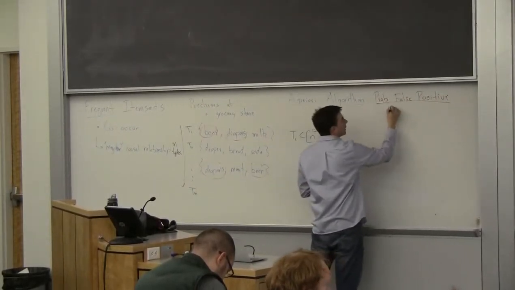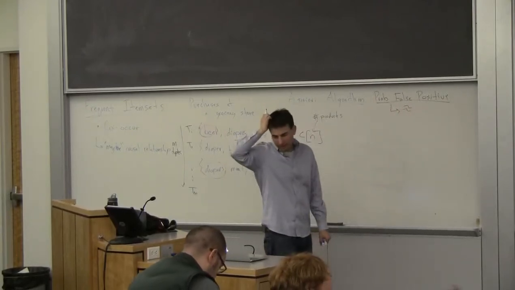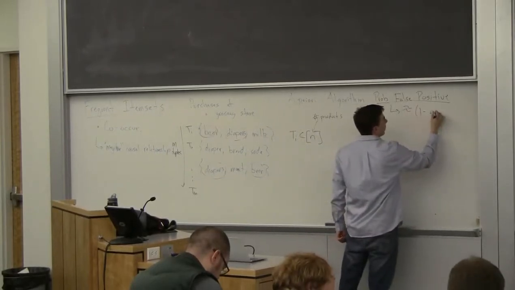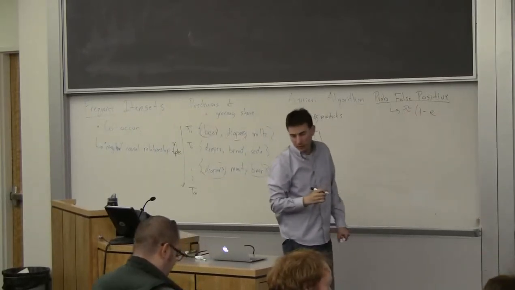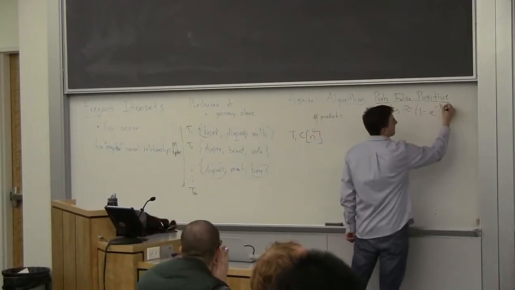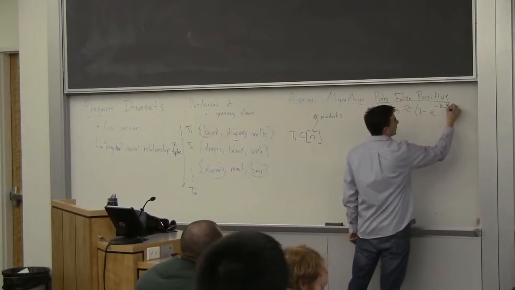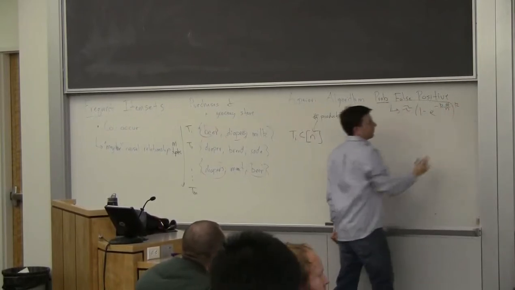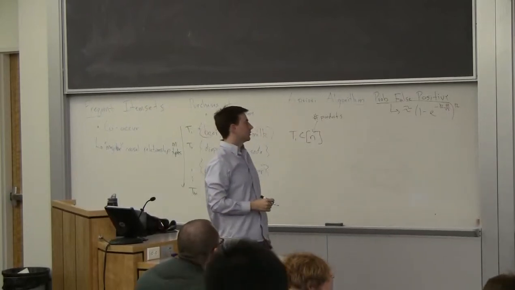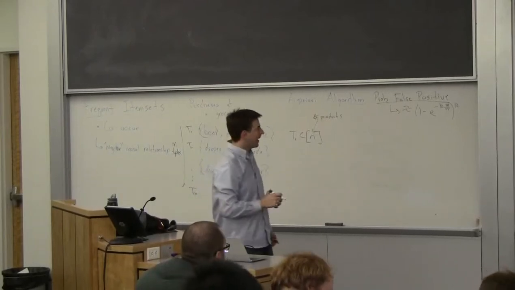So the probability is going to be roughly (1 minus e to the minus k m over n) all to the power k.